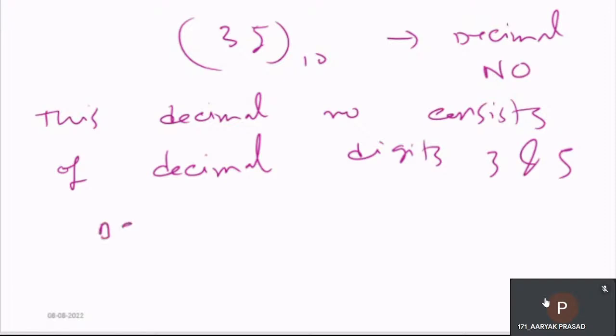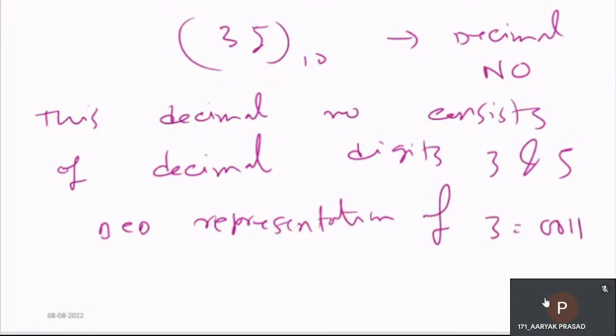So the BCD representation of 3 is actually 0011, and the BCD representation of 5 is actually 0101.